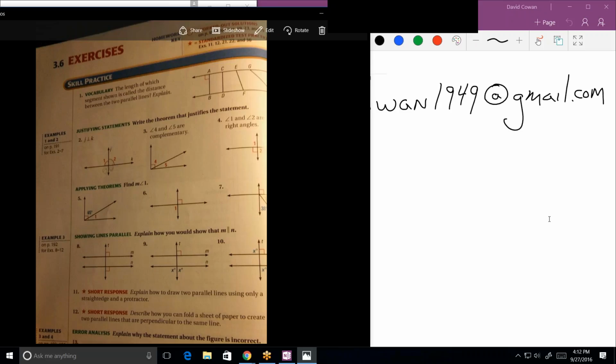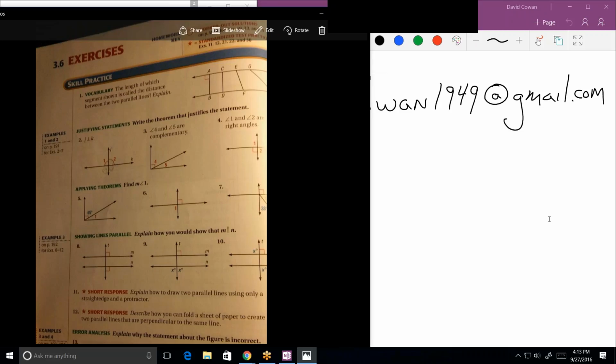Why is CD not the answer? Because it does not show a right angle. It looks like it's perpendicular, but they don't have that right angle sign there, so we don't know that it's perpendicular.